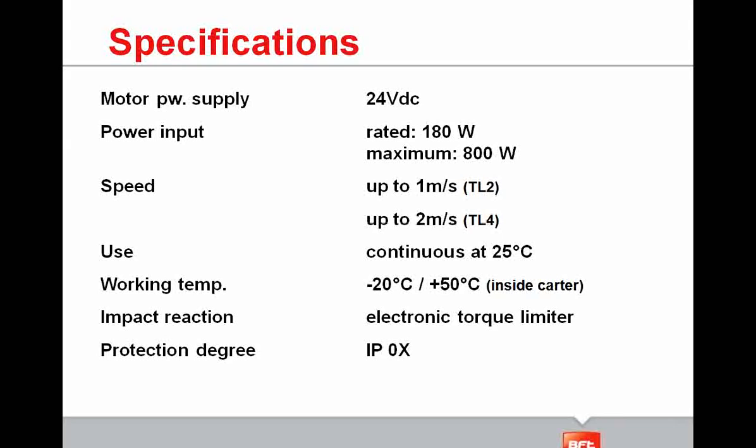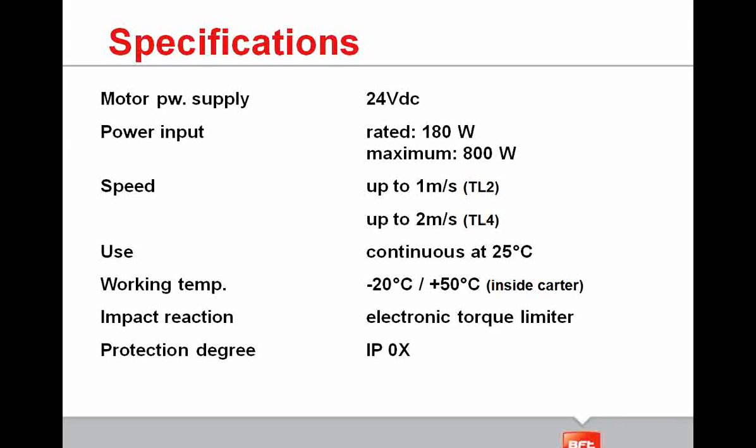Some other specifications: the automation uses a 24-volt motor. The power input is 118 watt rated, maximum 800 watt. The speed is up to 1 meter per second for the TL 2-leaf, and up to 2 meters per second for the TL4.